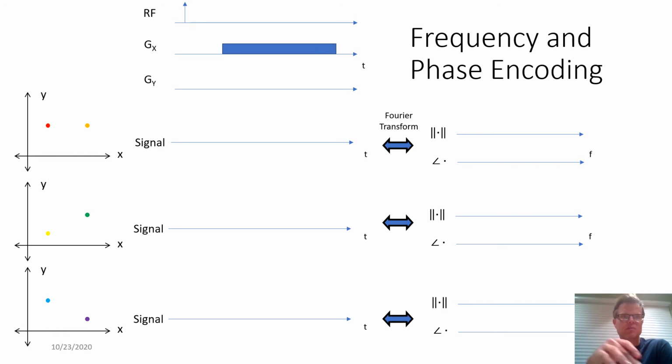So there's a gap between when this frequency encoding begins to happen. And so the way that's going to be drawn in this signal here is that initially there's no gradient on, so there's no change in the signal, no frequency. And then once we hit the gradient here, we'll get some oscillation.